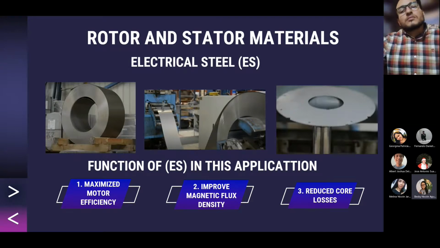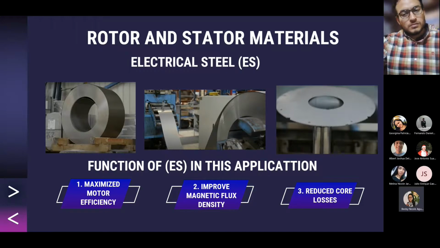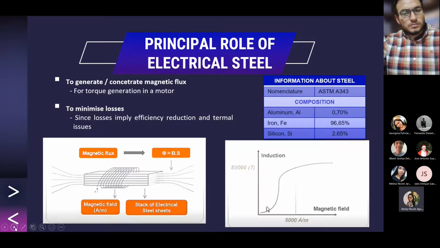Electric steel, also known as silicon steel, is an alloy of iron and silicon that is used to make the cores of electric motors. This type of softer steel can generate various magnetic properties, has high permeability and low amounts of core loss, and allows low iron loss or energy loss too. The principal role of the electrical steel.